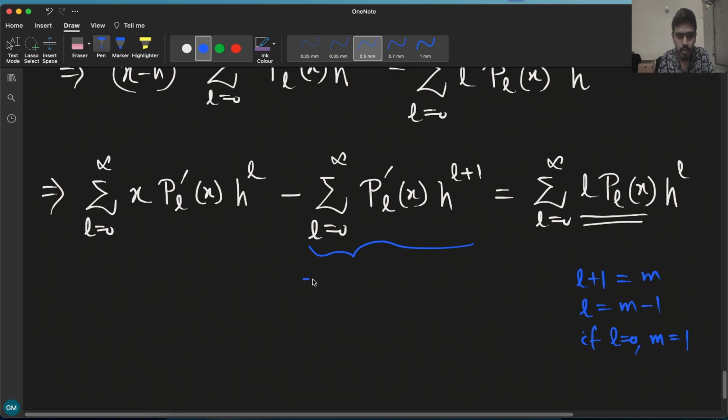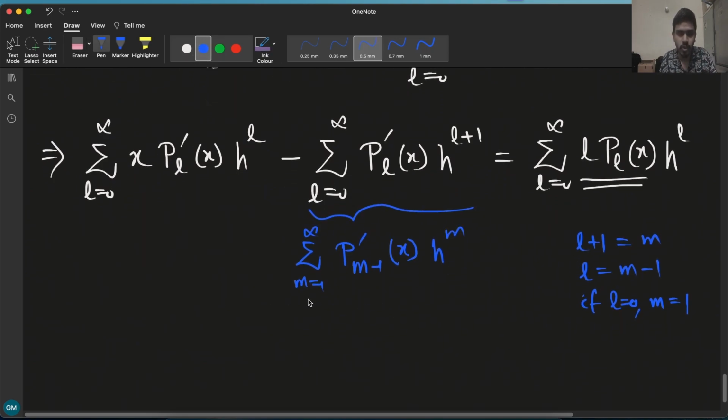So then it is basically the sum over m equals 1 to infinity of p dash m minus 1 x times h to the power m, and it can also be written as, I can replace m by L, p dash L minus 1 x times h to the power L.